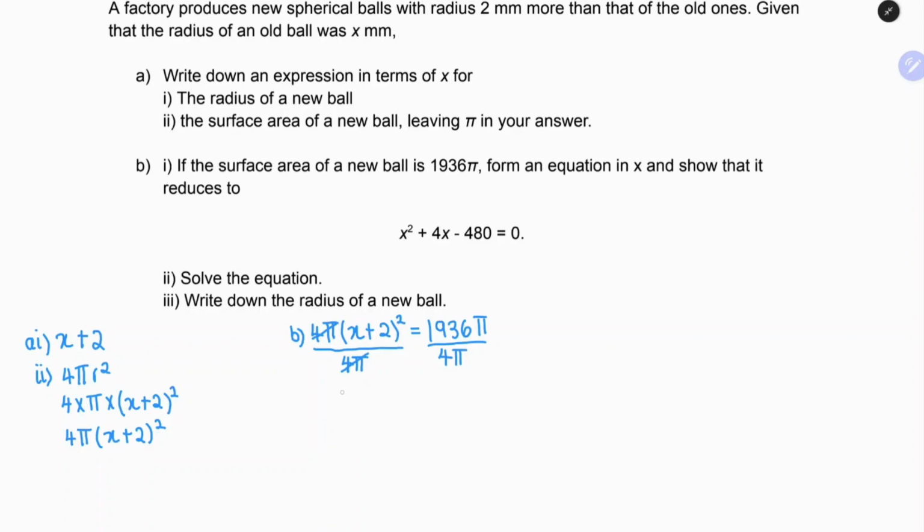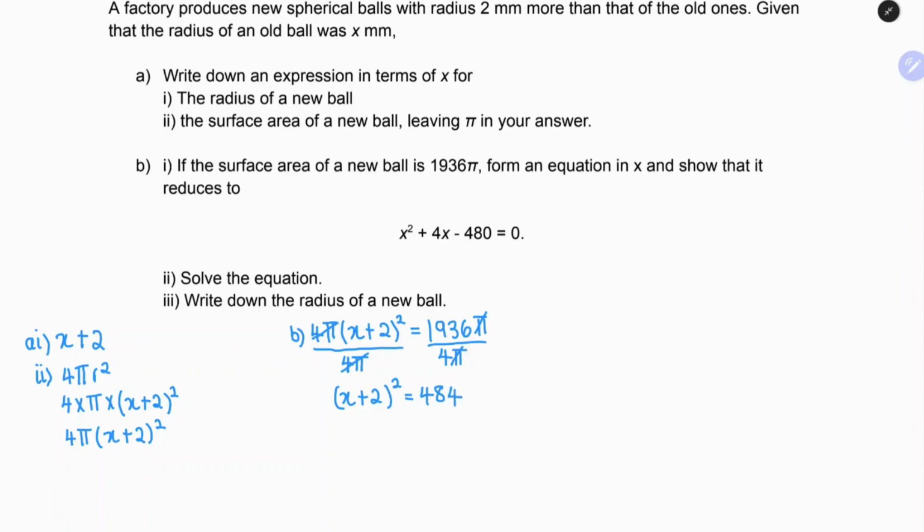And then we're going to have (x plus 2) squared equals, let me put it into the calculator, 1936 pi divided by 4. Obviously pi would also cancel pi, so you can just put in 1936 divided by 4, which would give me 484.